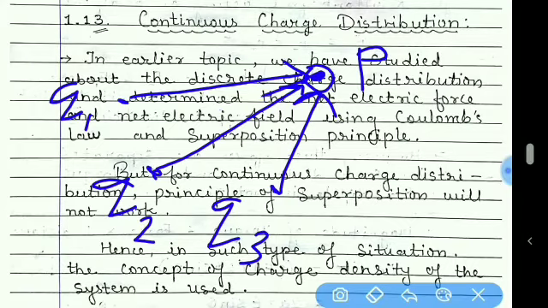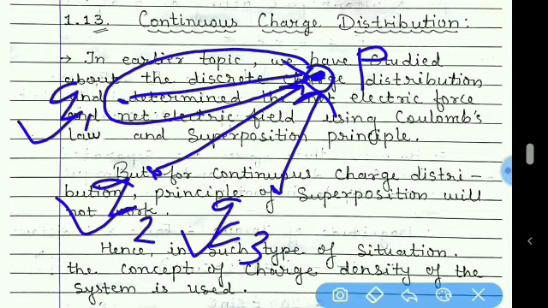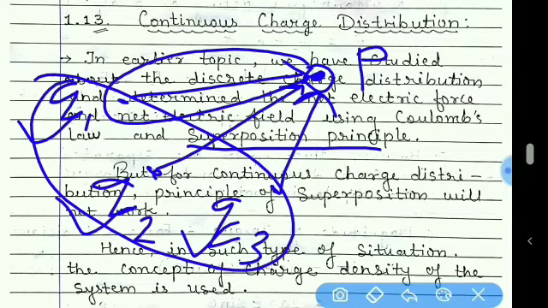So individually we obtain the electric field due to all the charges, and then using the superposition principle we add that electric field and we get the result. So that was about discrete charge distribution.